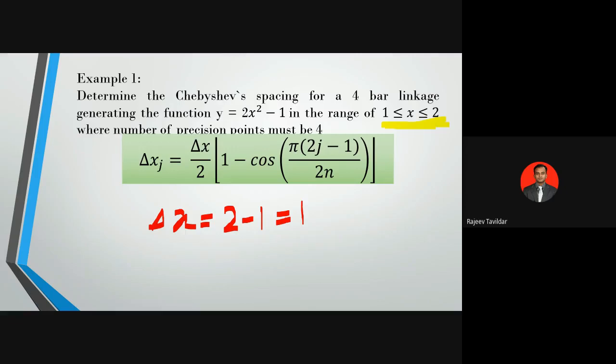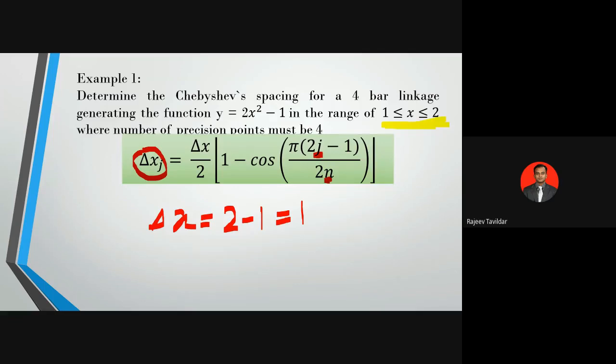Then in the square bracket, we have 1 minus cos of, inside the bracket, pi into 2j. What is this j? j depends upon which precision point you are finding. Right now I'm finding the first precision point, so j will be 1, because I'm finding delta x1. So instead of j, it will be 2 into 1.